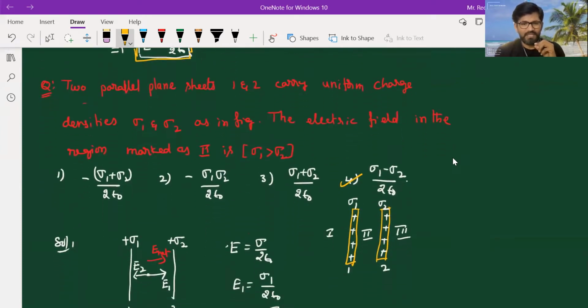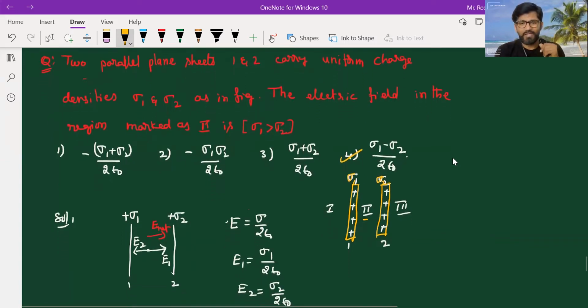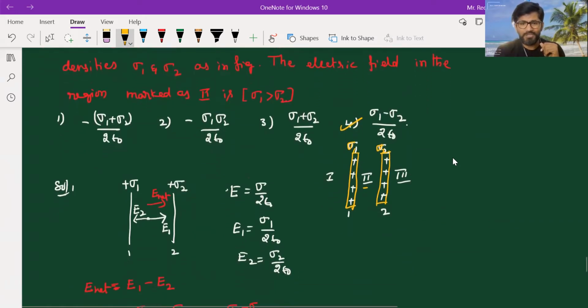In the figure, this is sheet 1, this is sheet 2, and it is having surface charge density sigma 1, and this is having surface charge density sigma 2, where sigma 1 is greater than sigma 2. So in this region, you are asked to find the electric field. Options are given, you can go through the options.